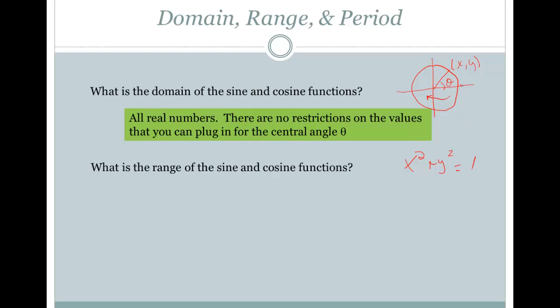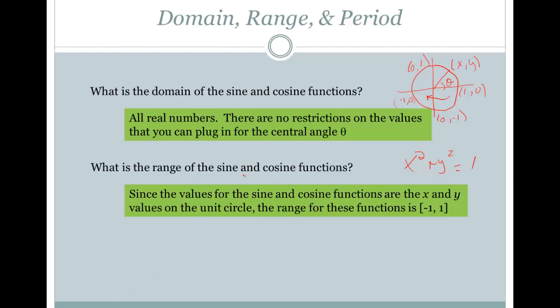So x is going to go from negative 1, 0 on this side, to 1, 0 here. And y is going to go from negative 1 to 1. So the range for both of them is always going to produce a value between negative 1 and 1, and I can include those two endpoints.